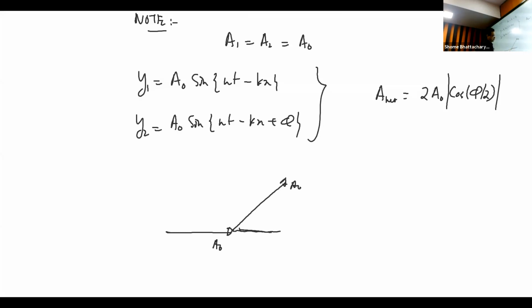then when you are adding this, you're basically getting this kind of a triangle.